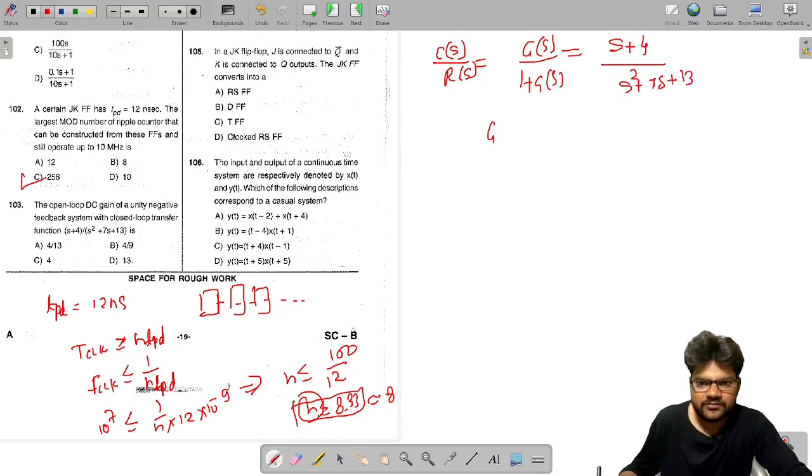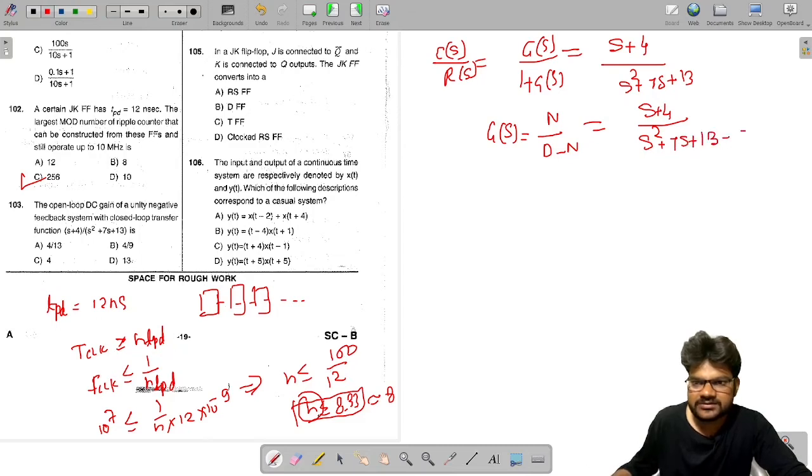From this we have to find G(S), which is numerator divided by denominator minus numerator. So this is S plus 4 divided by S square plus 7S plus 13 minus S minus 4, which is S plus 4 divided by S square plus 6S plus 9.